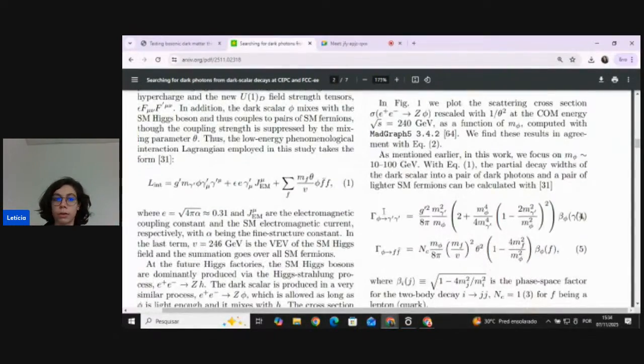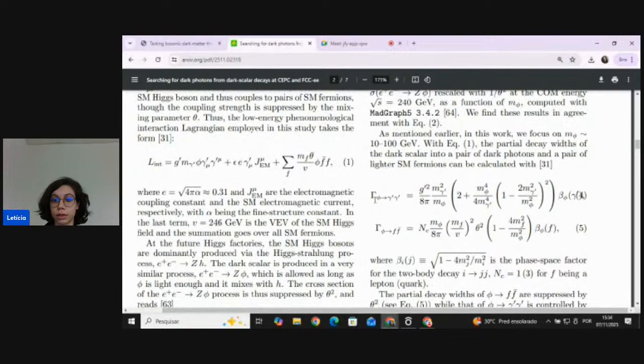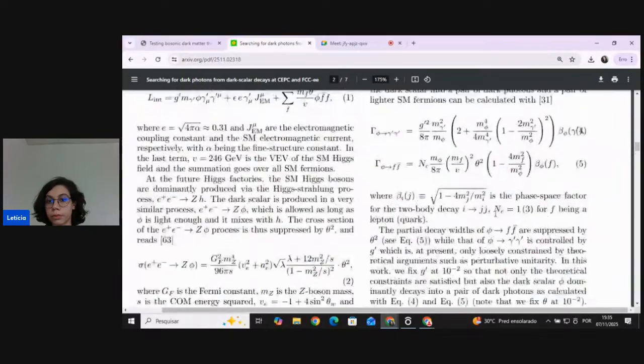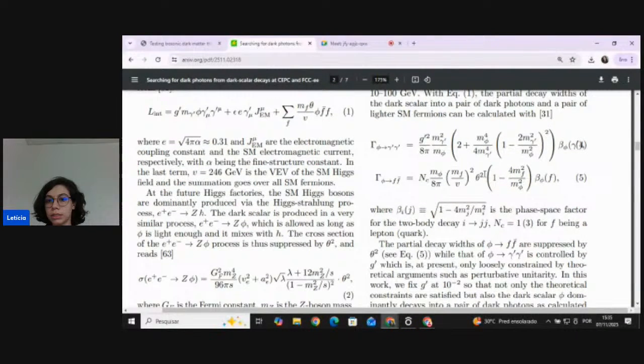Okay, so considering now this scalar, it promptly decays, as we can see here, into dark photons and fermions. They fix this coupling as well. This would be the coupling with the scalar, dark scalar, and the dark photon.